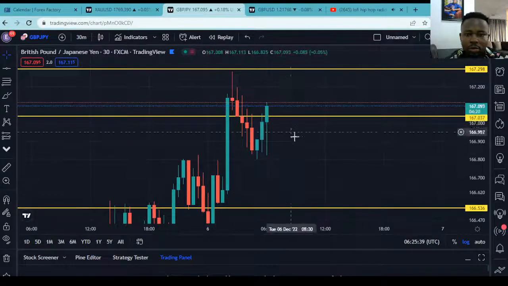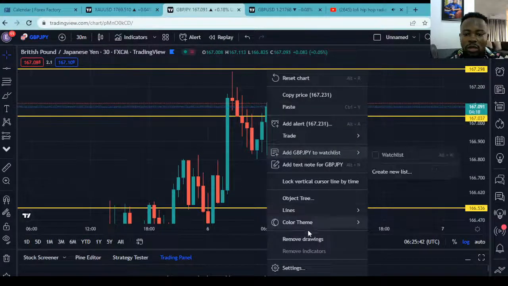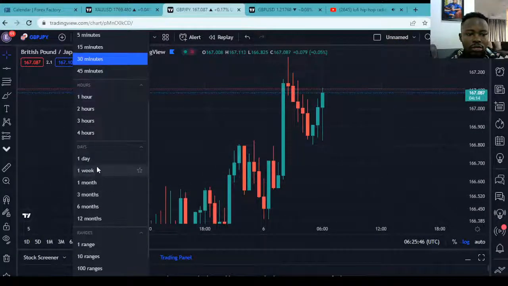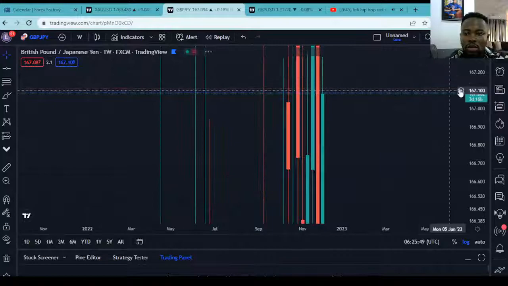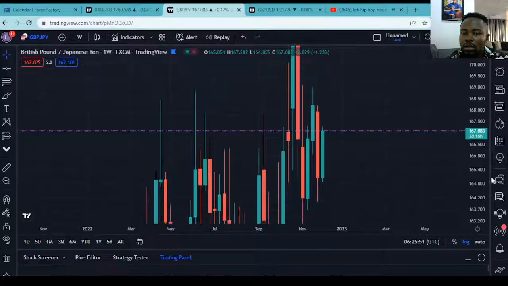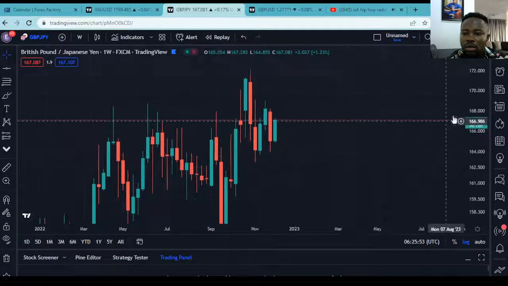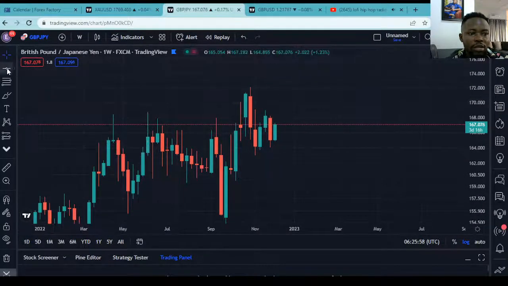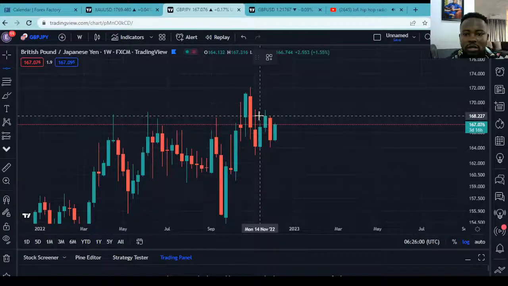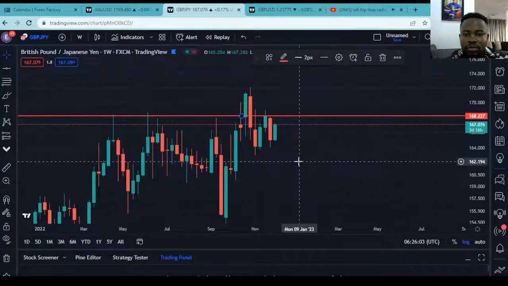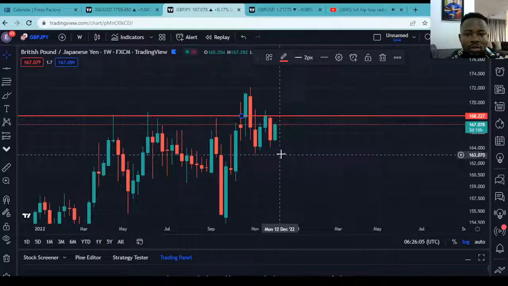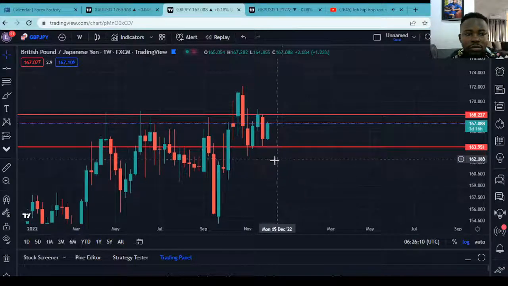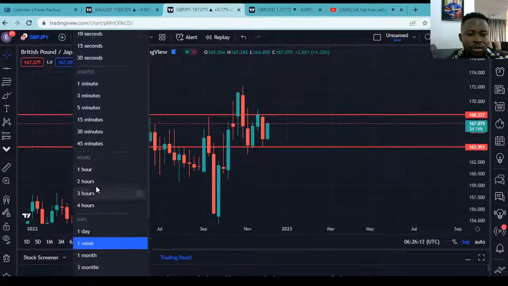Let's look at GBP JPY. Let's remove all analysis here. The weekly has been ranging so hard. Yesterday we identified our resistance to the upside, and we also have a support down here on the weekly time frame.